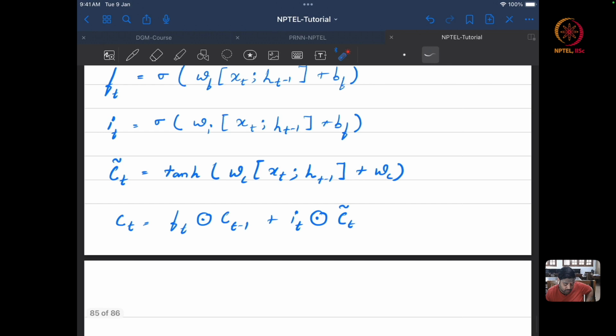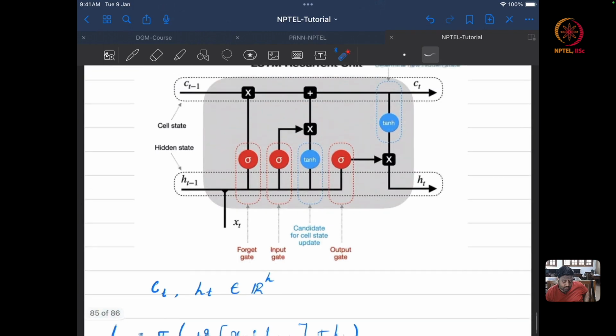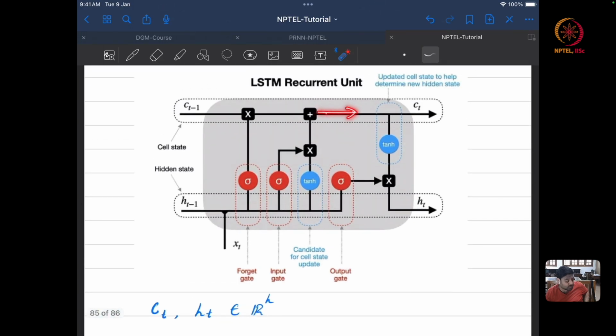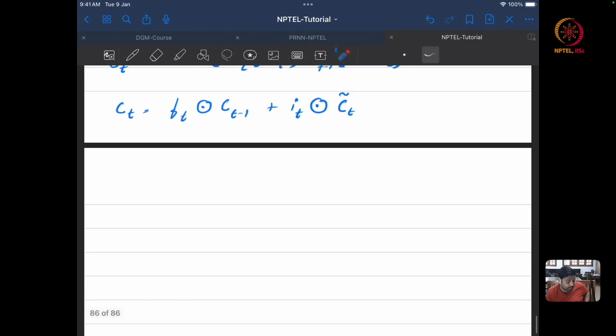What does this mean? This is from the previous cell state, and you get some kind of a percentage. You make an interaction, a Hadamard product. Then you have your data and the hidden state projected onto some higher dimension, and you take the interaction. This is what will be the CT. This is also known as the long term.